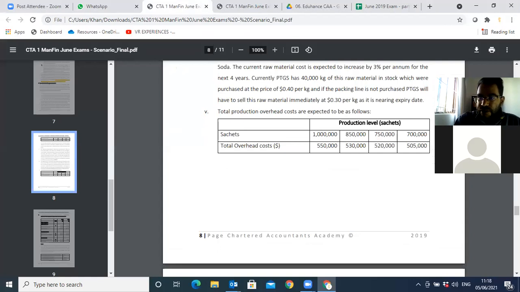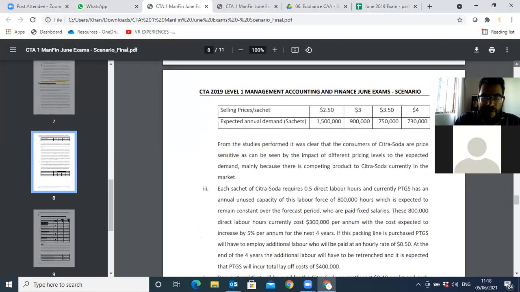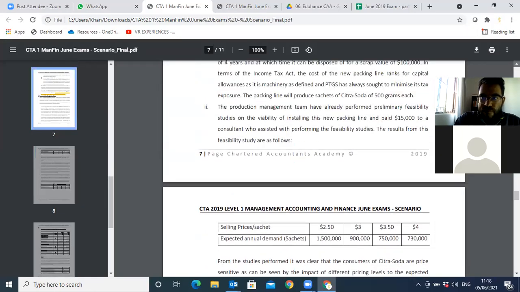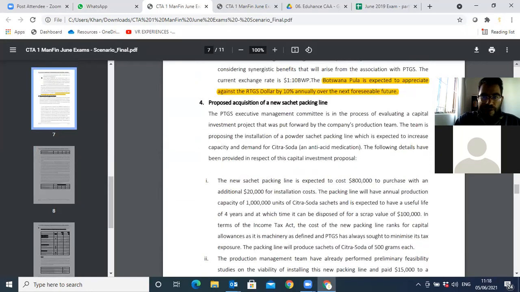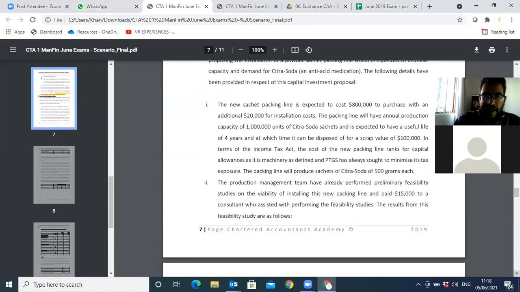If we go back to the scenario, back to the top, remember, we are here now. We know that the cost is 800,000 with an installation cost of 20,000.